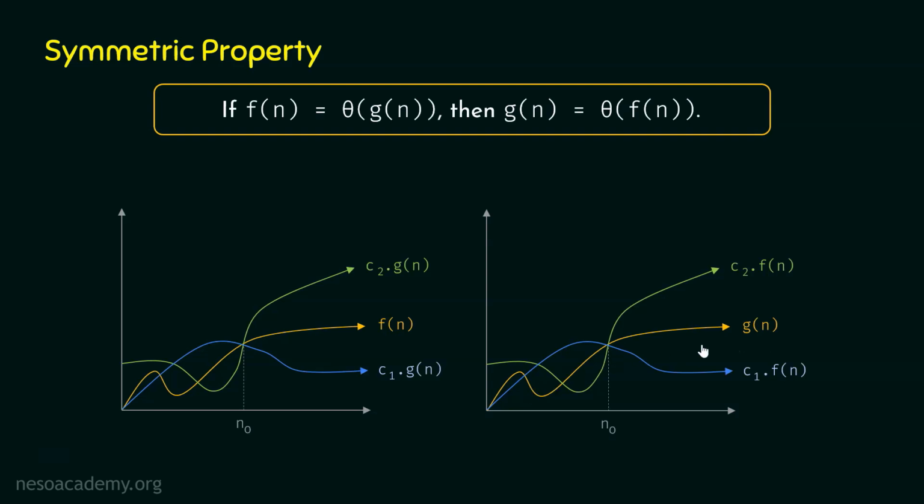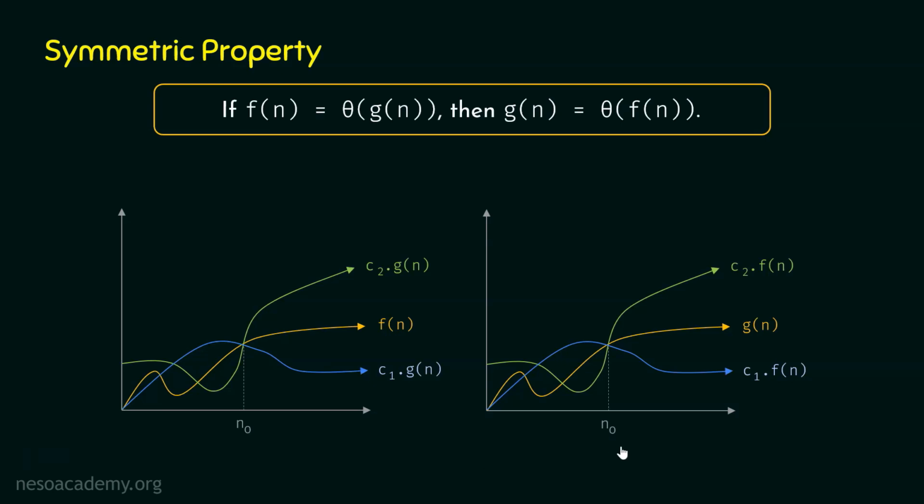After some n0, C2 times f(n) is the upper bound of g(n). After some n0, C1 times f(n) is the lower bound of g(n). So this is the graph of g(n) equal to theta of f(n).